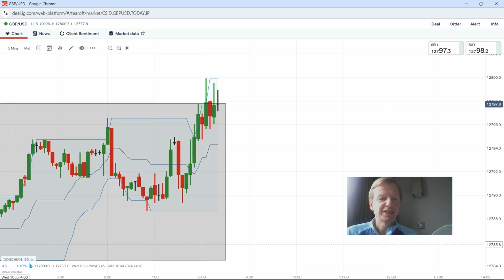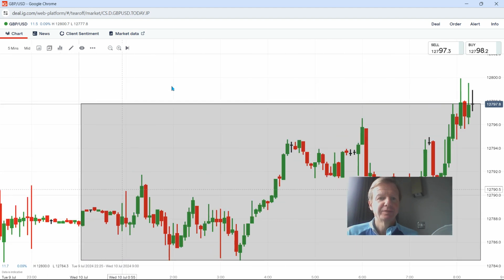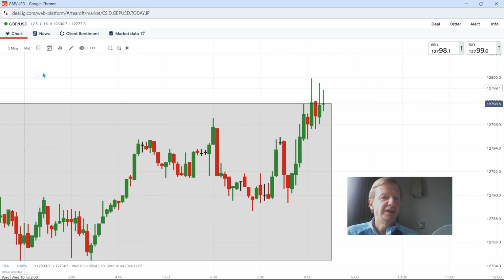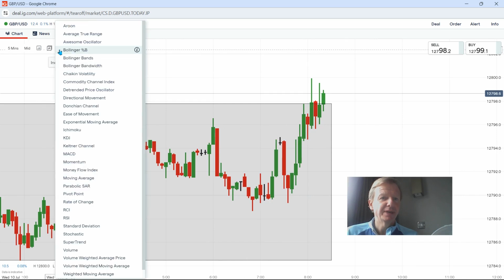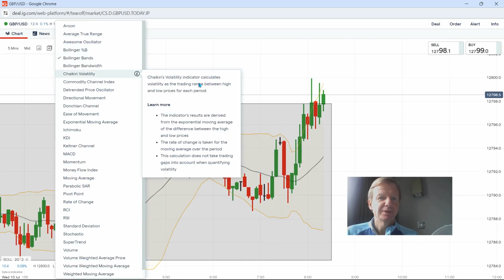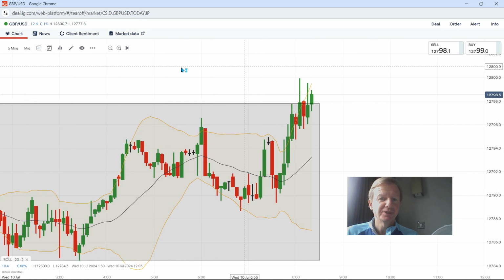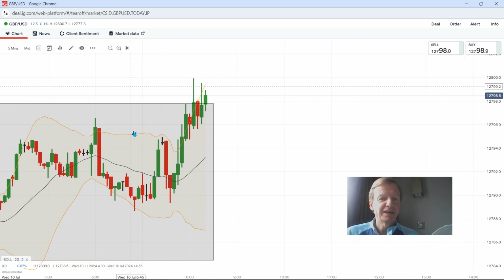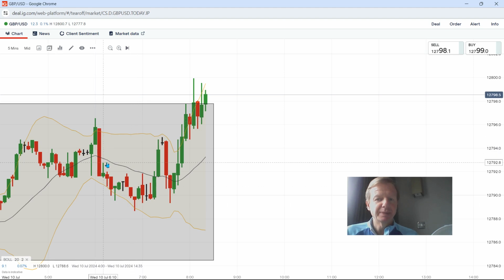So if we take the Donchian channel off, a similar one is the Bollinger Bands. Bollinger Bands work in a similar way to Donchian channels. When it breaks out either side here, you go long or short. This middle band here is a 21 moving average.